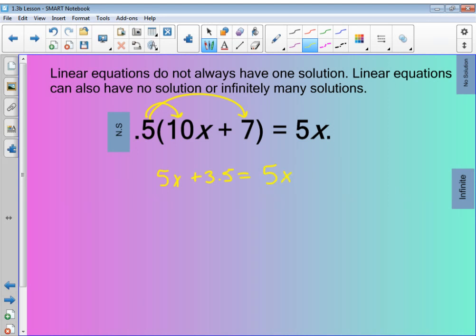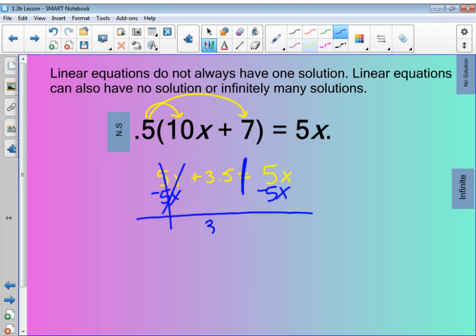Nothing to simplify there. So now, because I'm looking at this, here's my equal sign. I already have the x's by themselves on the right-hand side, so I'm going to go ahead and get rid of this one. So that canceled out, and if I do 5x minus 5x, that gives me 0 x's or nothing.